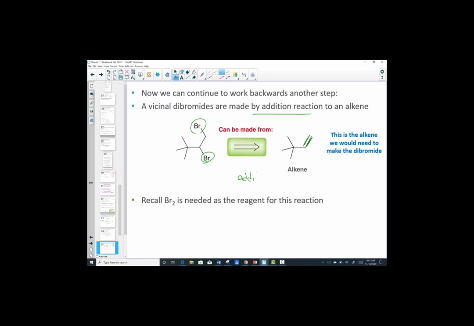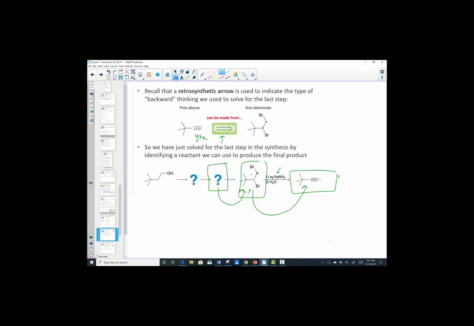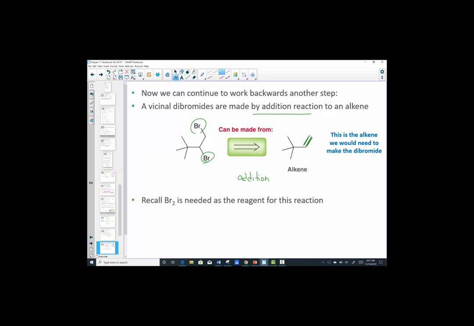I'm thinking about addition here, not elimination, as the easier step. So remember, these are just 2 general patterns, your addition or elimination. In the previous slide, this was an elimination. And now we go to create the dibromide.